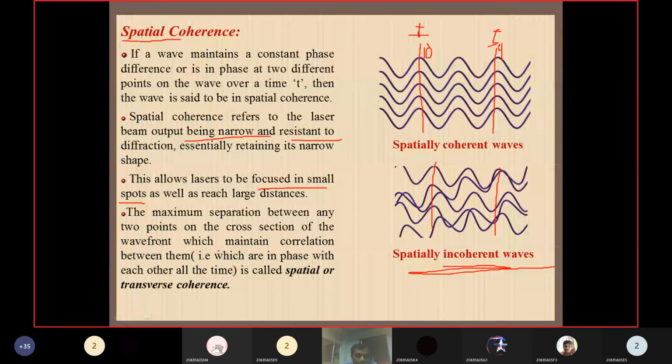Now, the maximum separation between any two points on the cross section of the wavefront which maintain correlation between them. Same as whatever we discussed above.